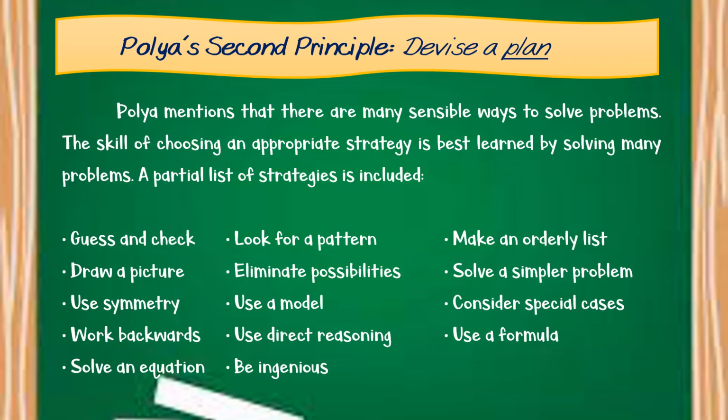For me, my strategy is to look for a pattern and also try to work backwards, because sometimes at the end of the problem there is a clue or a hint about what step or solution you need to make.